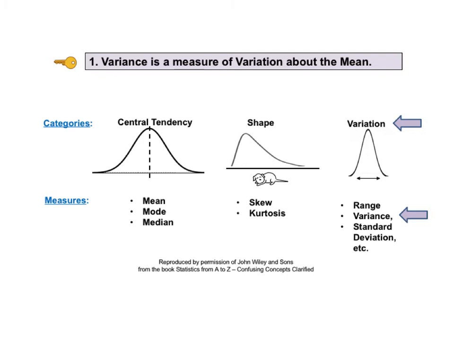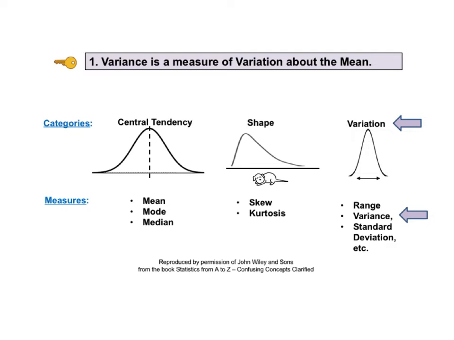The first KTU says, variance is a measure of variation about the mean. Variation is also known as variability, dispersion, and spread. It is one of 3 major categories of measures for describing a distribution or data set. The first category, central tendency, is also known as center, and measures of center include the mean, the mode, and the median.